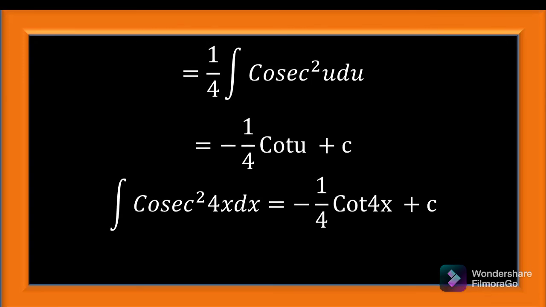So we can now move on almost to the last example here, and that is going to be the integral of cosec 2x cot 2x dx. This reminds us about the integral of cosec x cot x, which is negative cosec of x plus a constant of integration.